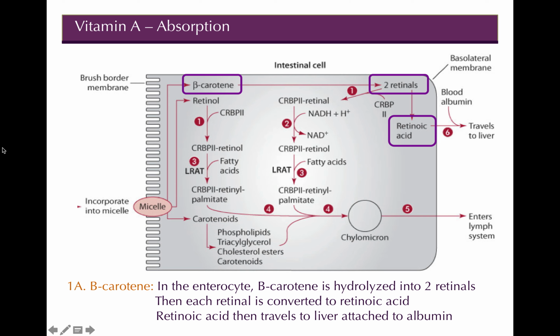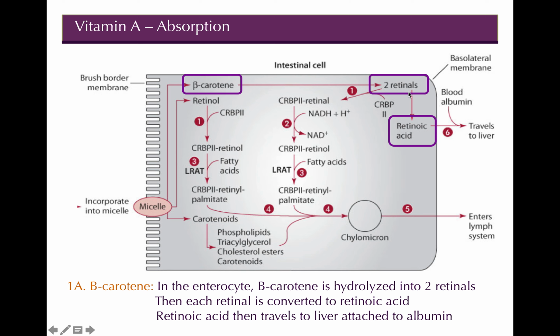So first, to show you the first beta carotene pathway, 1A. Remember, we broke the beta carotene off the protein, we brought it in via the micelle, so basically we're right here now. What happens then is beta carotene is broken into 2 retinals, because remember, you can snap it in 2.